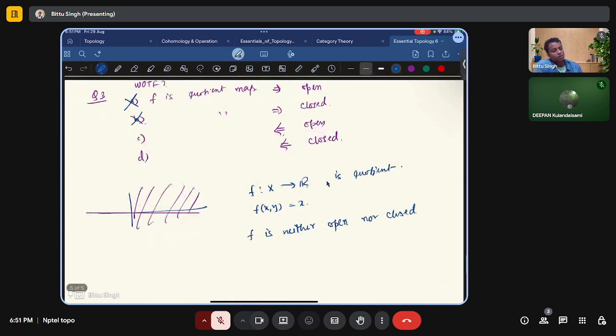For example, consider the inclusion map of R into R2. This is not actually an open map, but we may consider something like this.